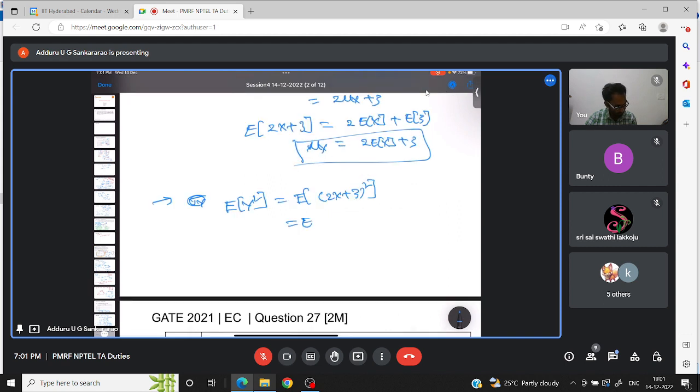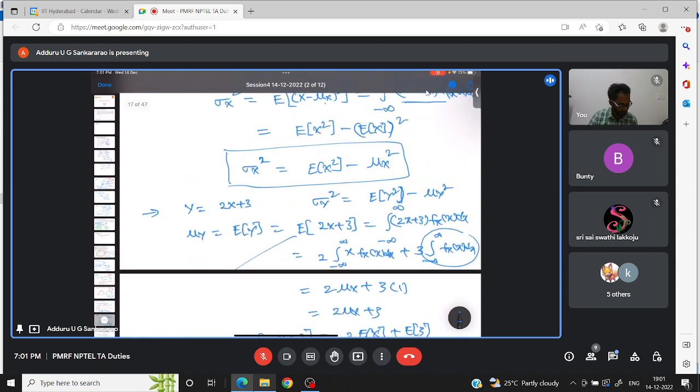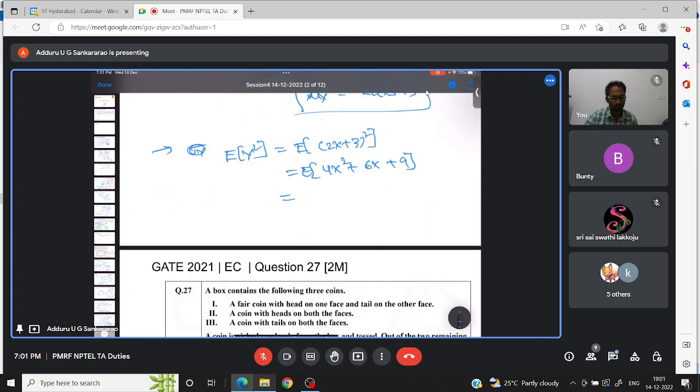So 4x square plus 6x plus 9. Just like earlier, see how I expanded here; the same way you can expand. The expectation follows homogeneity as well as linearity. So you can expand it as E of 4x square, plus expectation of 6x, plus expectation of 9.